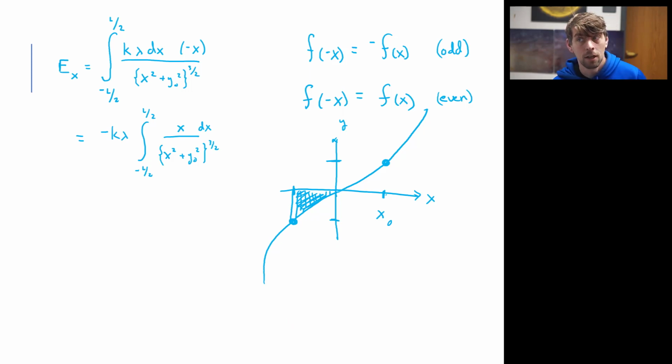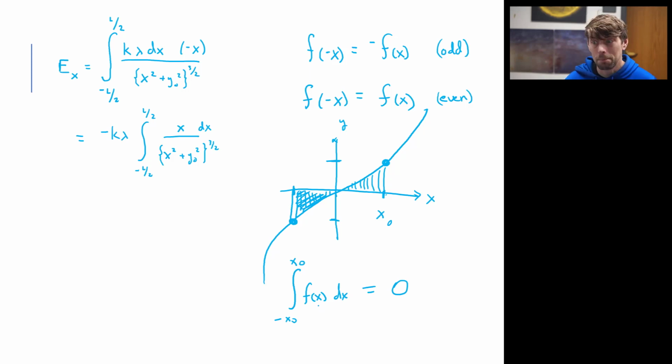But when I go from 0 to positive x naught, you notice I get the exact same area, but positive. And that is particularly helpful when we have an odd function evaluated over a symmetric interval. We can immediately say that the integration is 0. Pretty cool, huh?